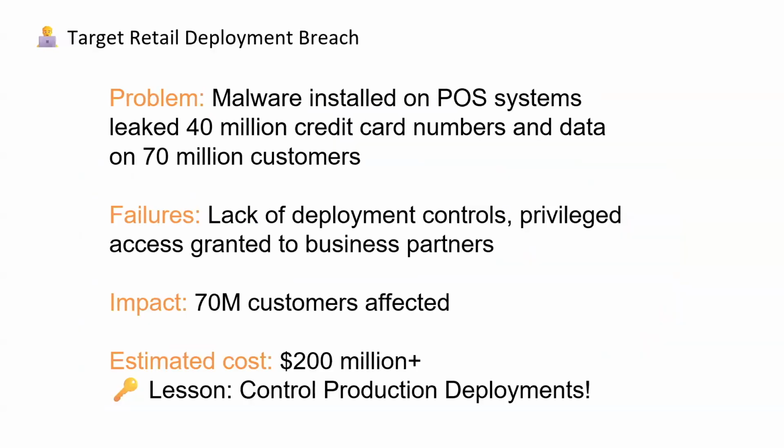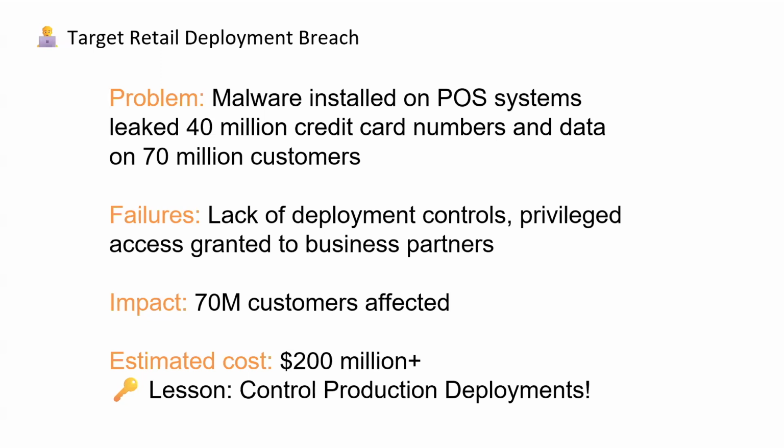And just some of the things we know that have happened. So, the very famous Target retail hack that happened a few years back was a DevOps problem. Some malware was deployed through their system. But what happened is that the hackers compromised the credentials of one of their business partners, was able to get into Target's system and deploy out to all of their POS systems some malware that was recording all of the credit card numbers and sending them out to the hackers.